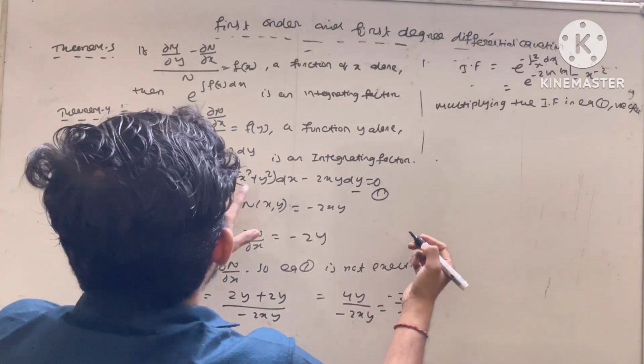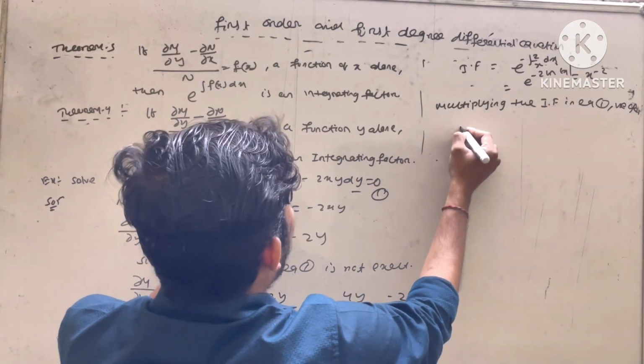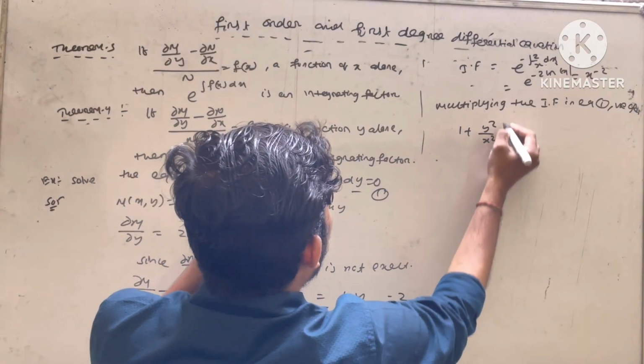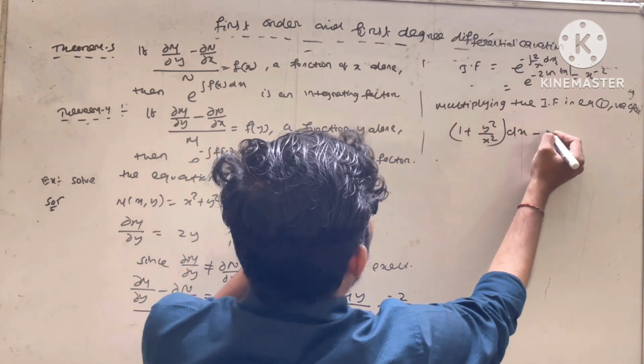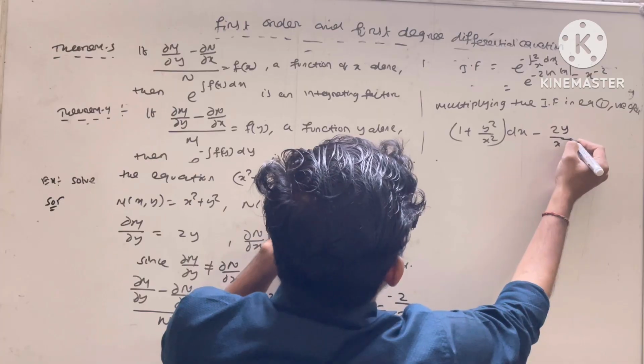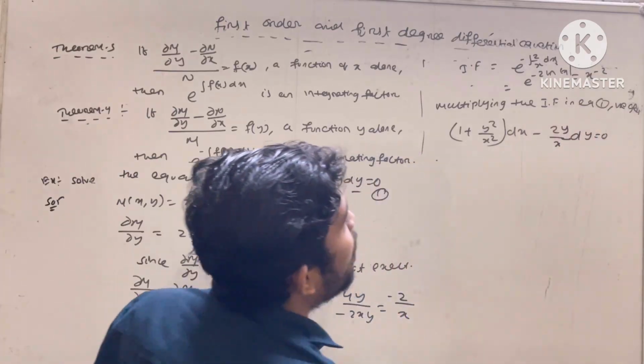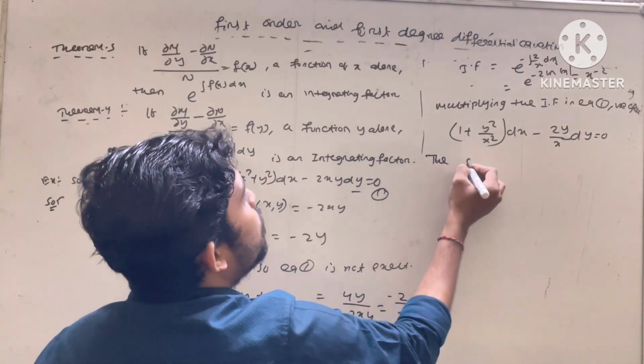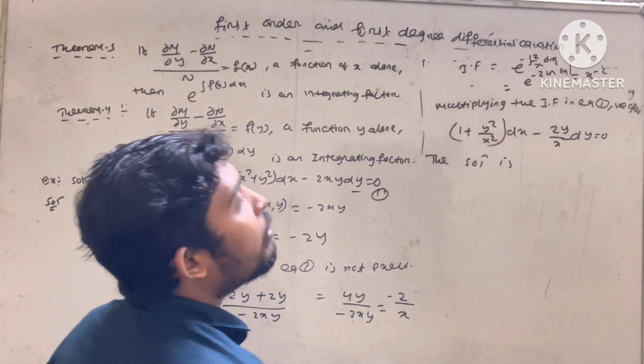We get x square plus y square by x square, so this is 1 plus y square by x square dx minus 2y by x dy equal to 0.